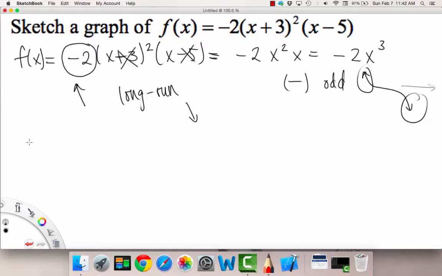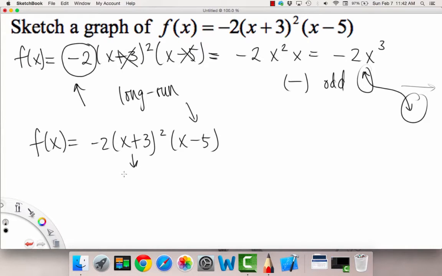Now we need to find our roots so we can look at the short run behavior. So the roots of our polynomial here are, let me just write it down again so we can work with it, negative 2, x plus 3 to the second, x minus 5. From this grouping here, we get x equals negative 3 is a root with multiplicity of 2.